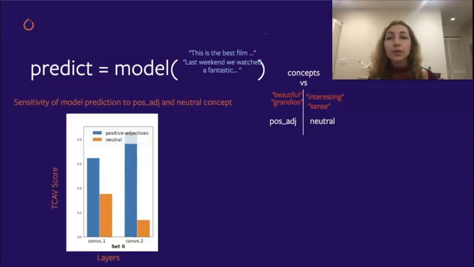On this slide, we visualize TCAF scores on the y-axis for both convolutional layers and both concepts, positive adjectives and neutral terms. As we can see, the positive adjectives concept has a relatively higher TCAF score compared to the neutral concept.